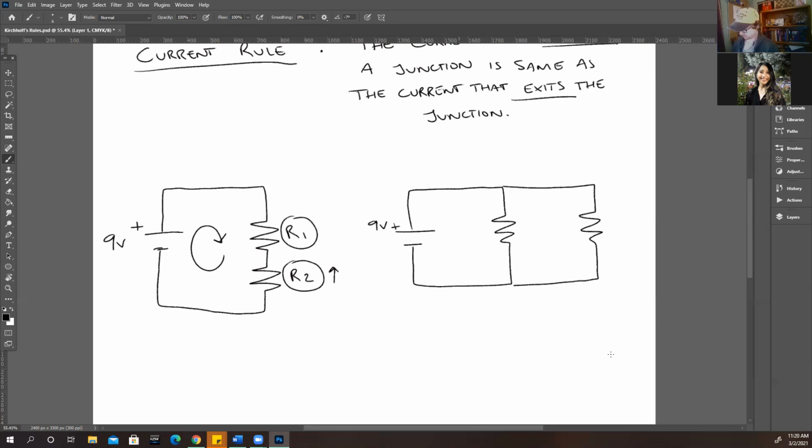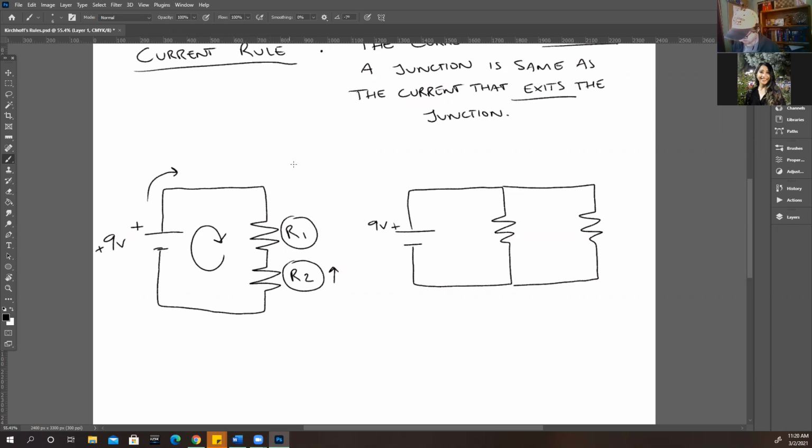If I want to start out by calling this a positive 9 volts, I say the current is going this way. That's just the way I'm making the current flow for my calculations.